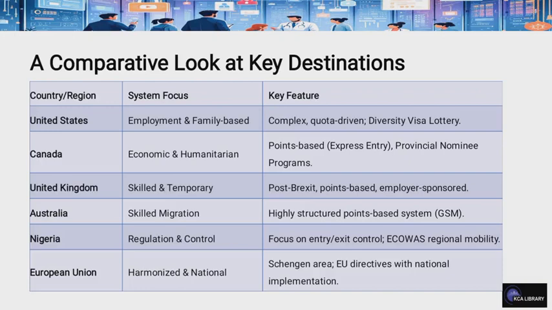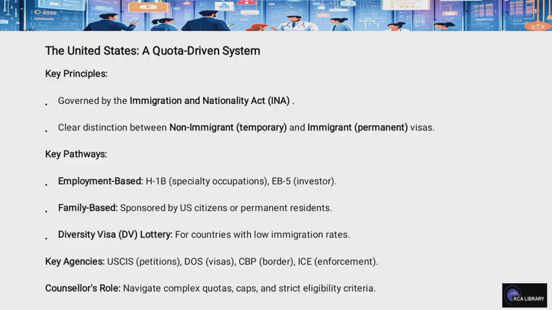For Nigeria, it is based on regulation and control, and it focuses on entry and exit control and ECOWAS regional mobility. For the European Union, it focuses on harmonization, with EU directives and national implementations.